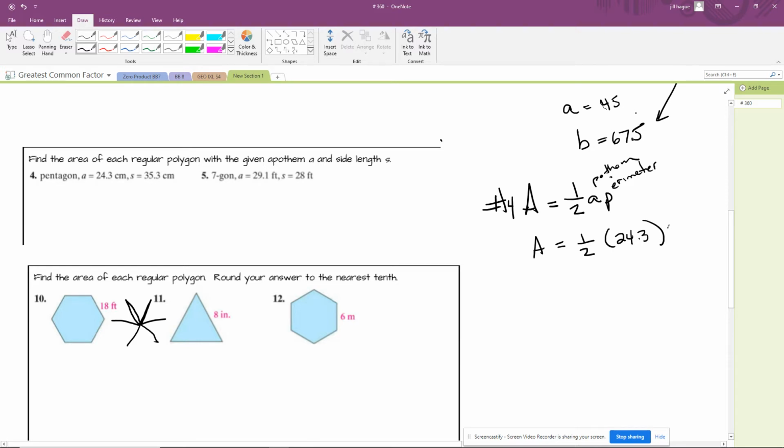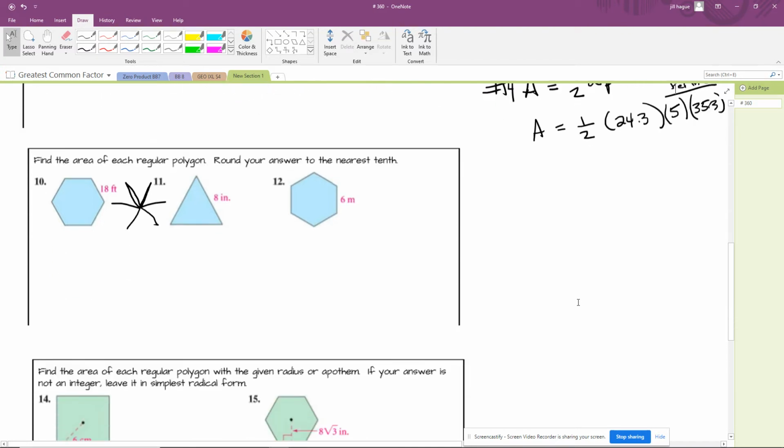Well, it's a pentagon, right? So the perimeter is going to be equal to 5, because there's 5 sides, times the length of one of those sides, which is 35.3. So this right here is my perimeter. You do that math out, and that's how you find the area.